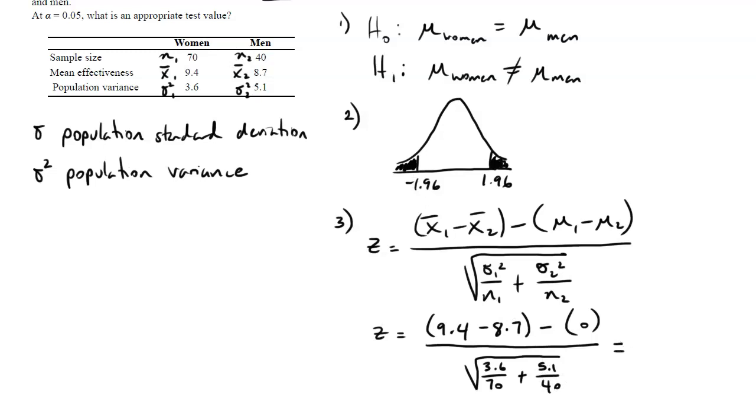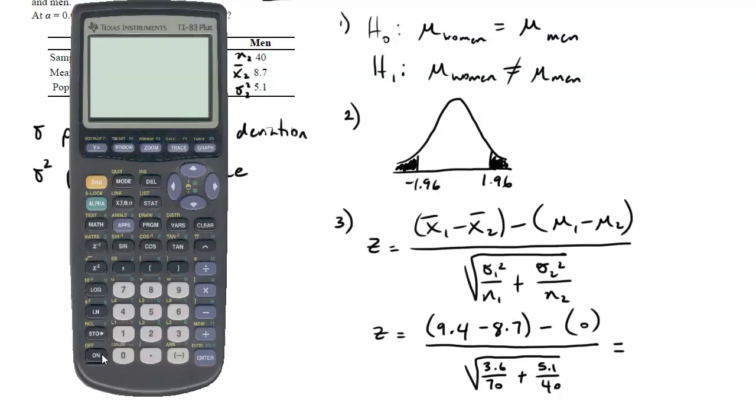Let's go to the calculator. Okay, so let's clear that. Okay, so in my numerator in parentheses, 9.4 minus 8.7, close parentheses. I don't need that minus 0 because it's just going to be itself. Denominator in parentheses, square root.